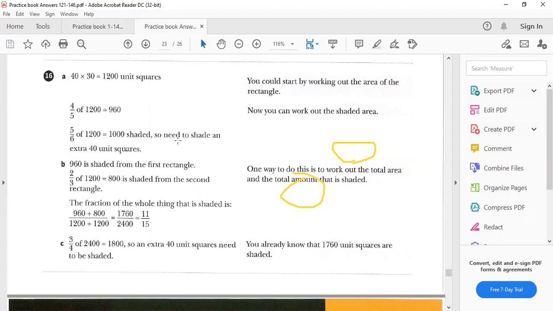So we need to add 40 more. If we shade 40 more unit squares, we will get our answer. If I want to shade 5 by 6, I just need to color 40 more square units, then my answer will be 5 by 6 as compared to 4 by 5.